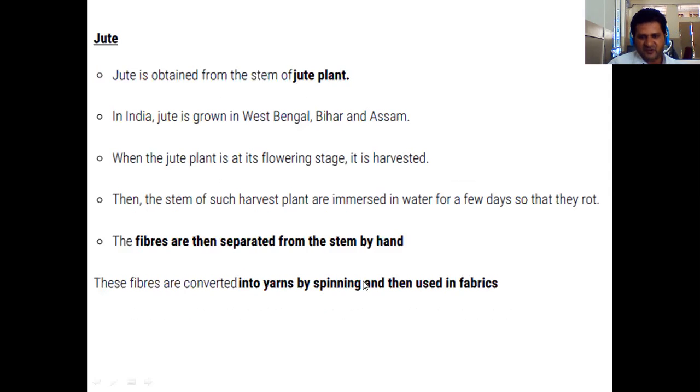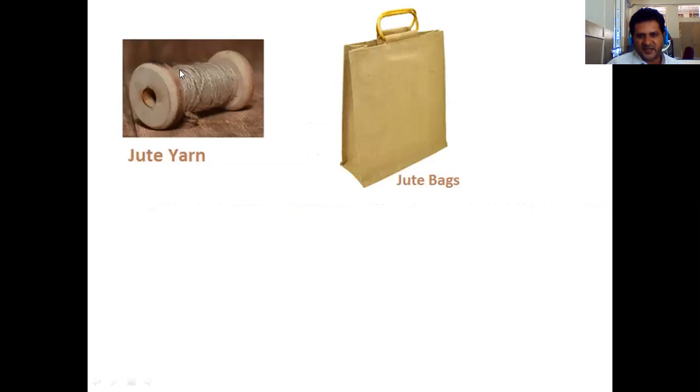Once they process it, they obtain fibers, and either by spinning, by human beings or by machines, they make fabrics from jute. These are examples of jute bags and jute thread.